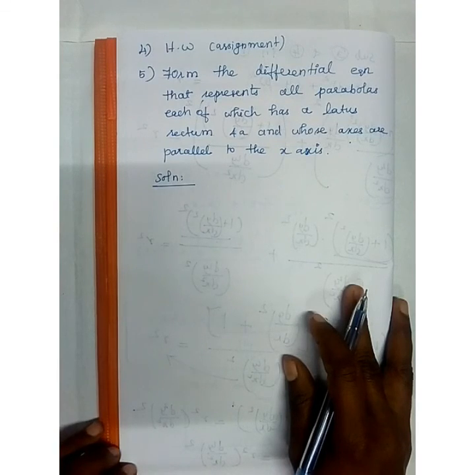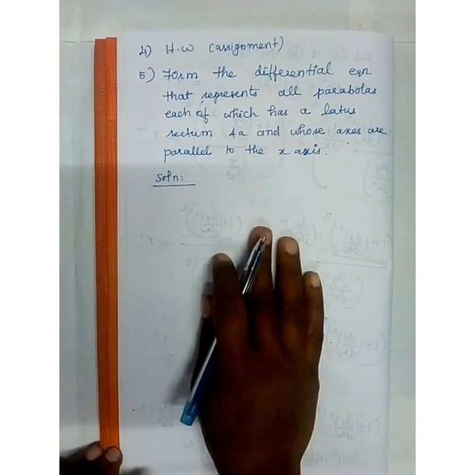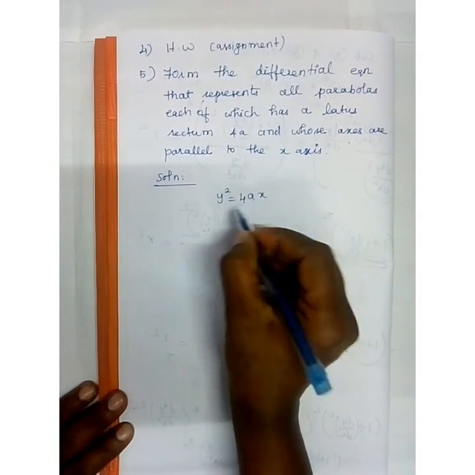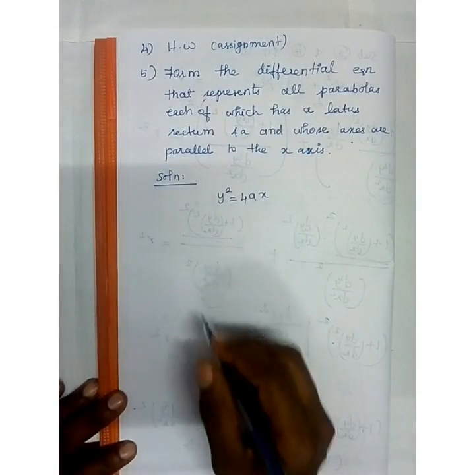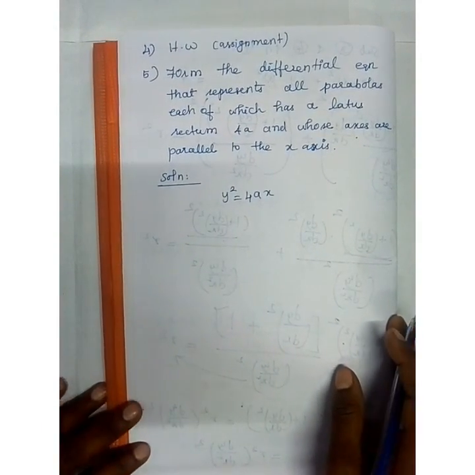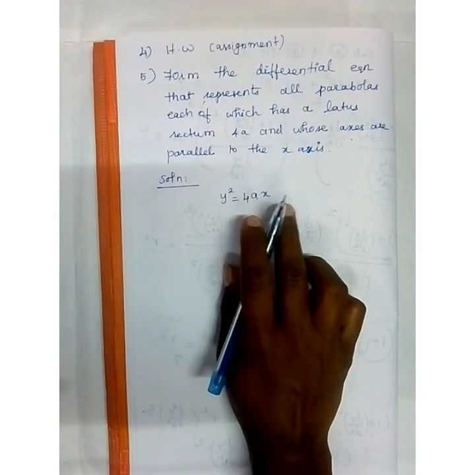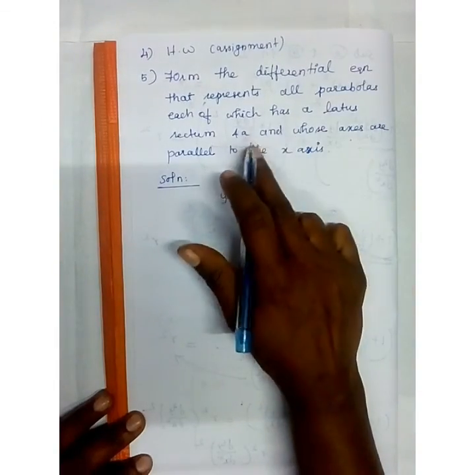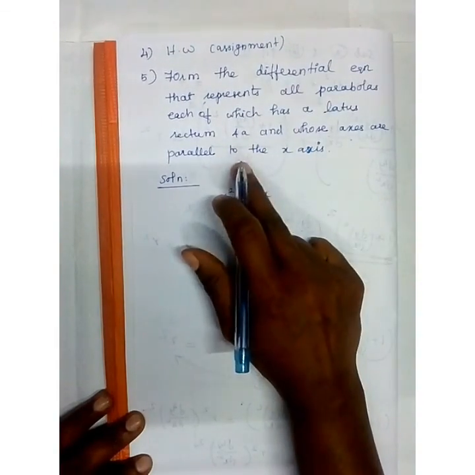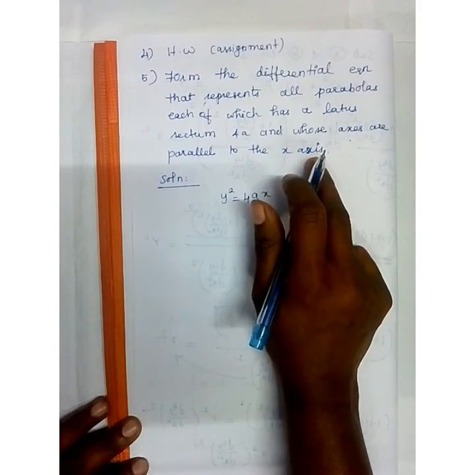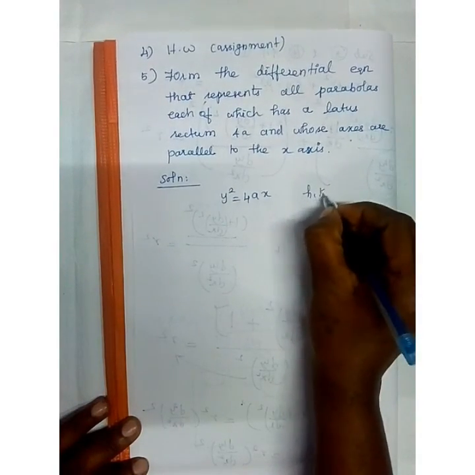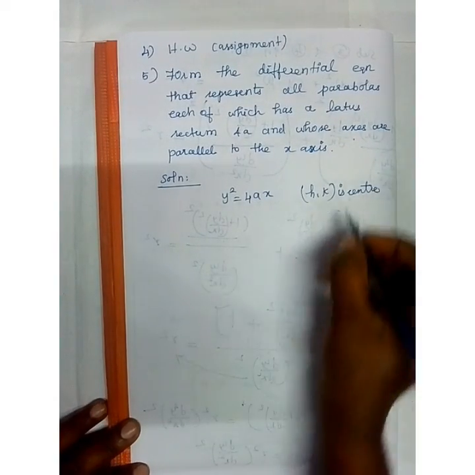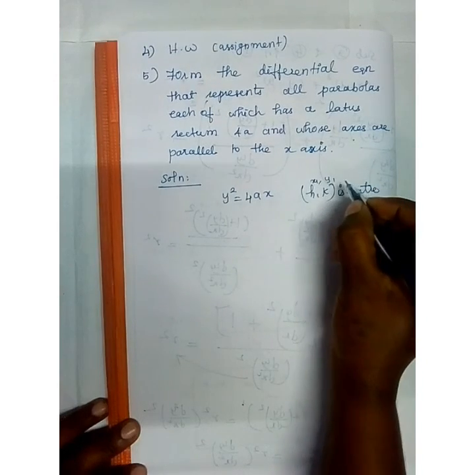From that you can write the parabola equation as y squared is equal to 4ax, which has a latus rectum 4a and whose axes are parallel to the x-axis. Here we have to consider (h, k) as the center of this one. So this is your x1 value and this is your y1 value.